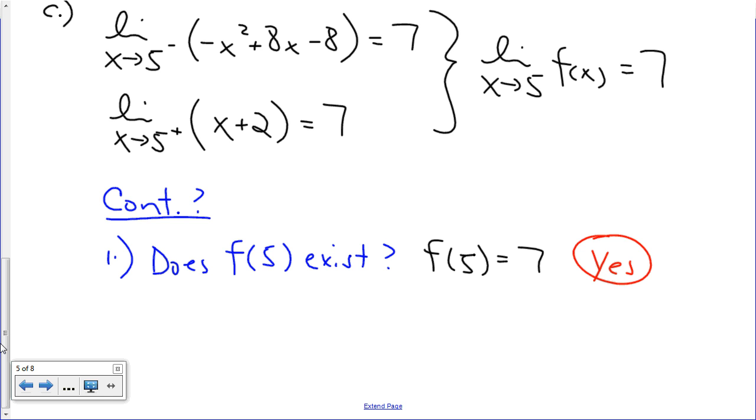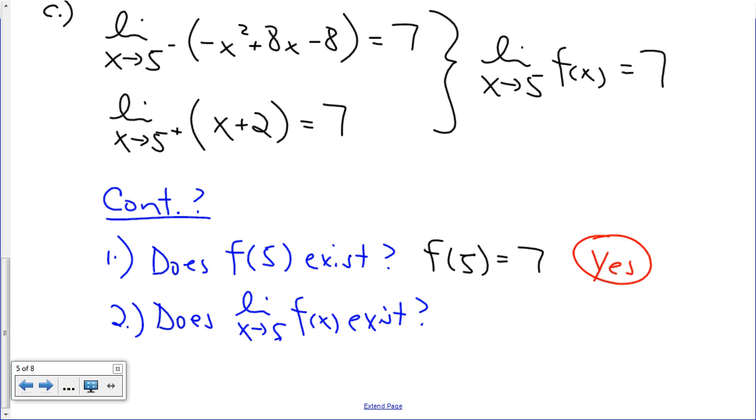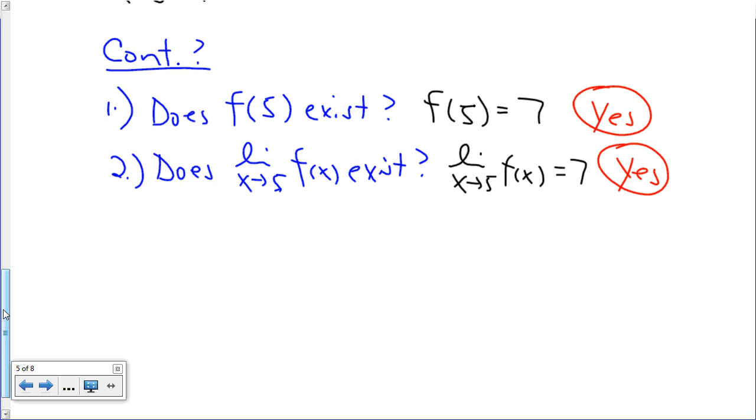The second part of our definition of continuity is, does the limit as x approaches 5 exist? We've already done the work up above, and we found that the limit as x approaches 5 of f of x was equal to 7. So that's another yes, the limit exists. And you can see that we're going to meet the last piece of this definition.